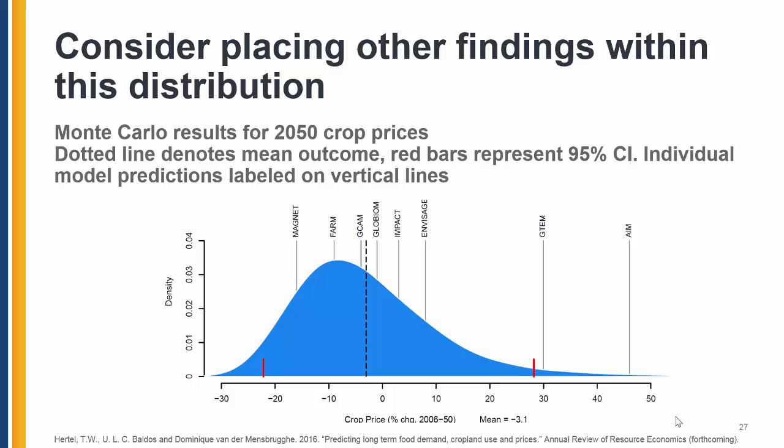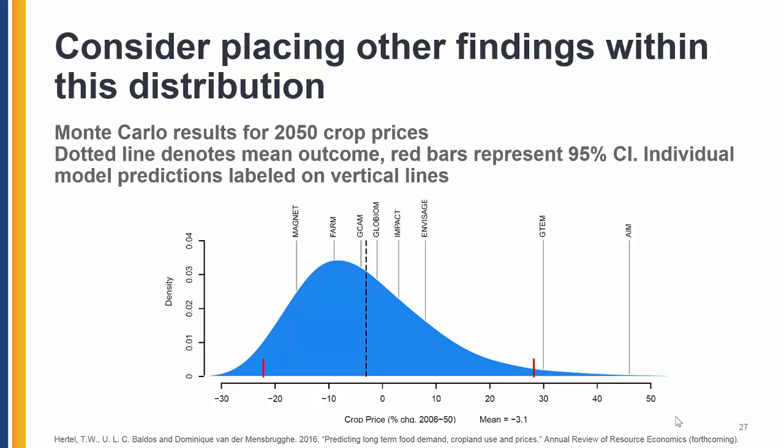So perhaps that new normal consensus was misguided. However, you do see that some combinations of parameters are consistent with the models showing high price changes, such as GTAP and AIM, but those are in the tail of this distribution.